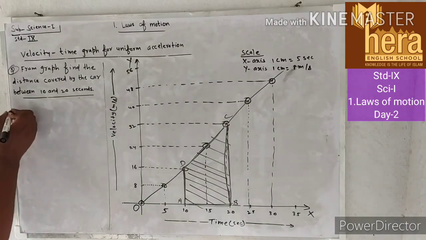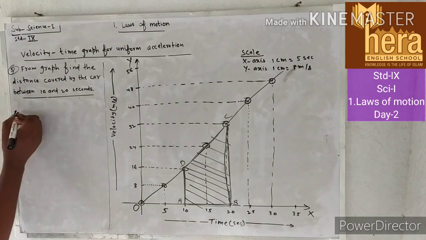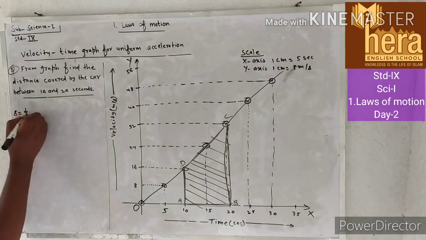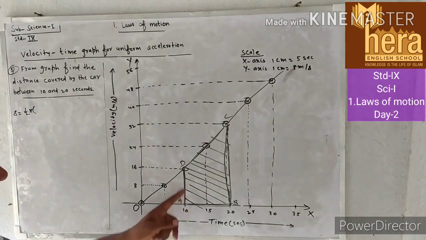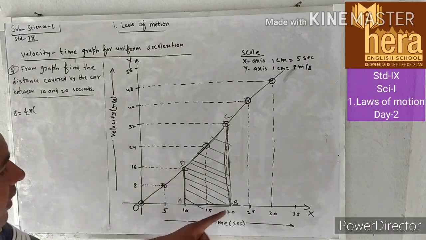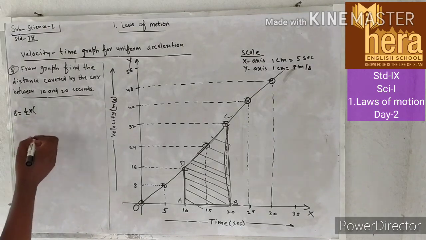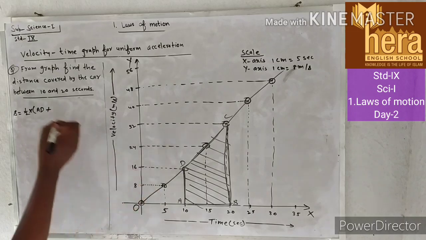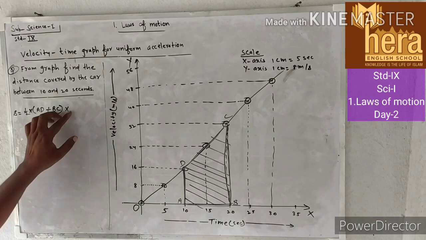So distance S is equal to the area of trapezium. That will be equal to 1/2 into the sum of parallel sides. AD and BC both are parallel. It means 1/2 into AD plus BC into height.